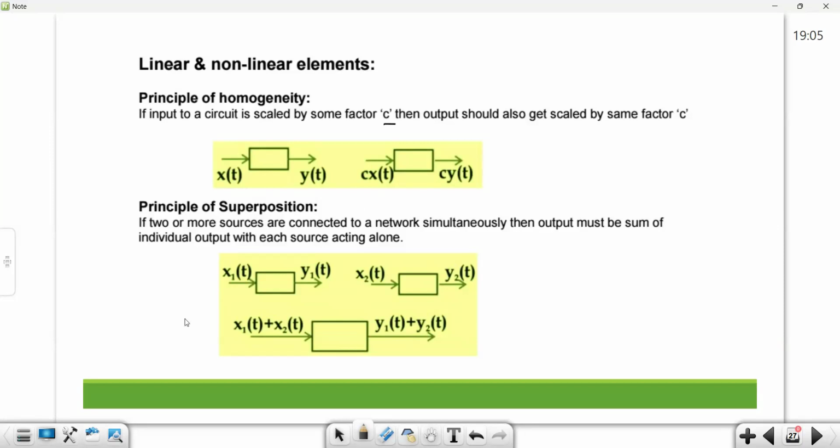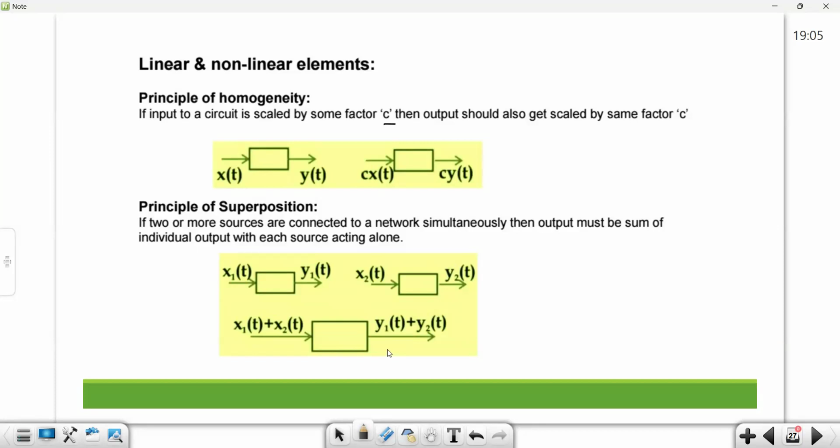That means if x1 of t is given, y1 of t you get as output. If x2 of t is given as input, y2 of t you get as output. That means for x1 of t plus x2 of t, the output should be y1 of t plus y2 of t.